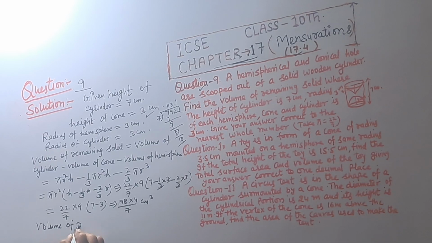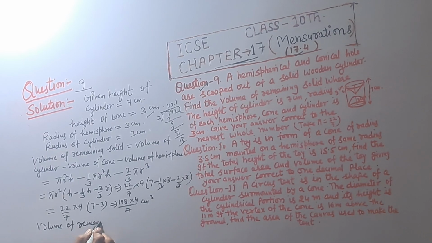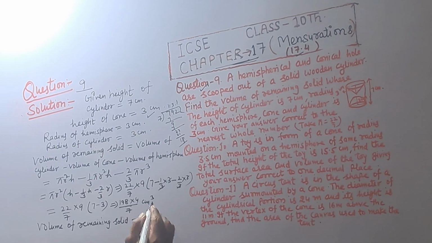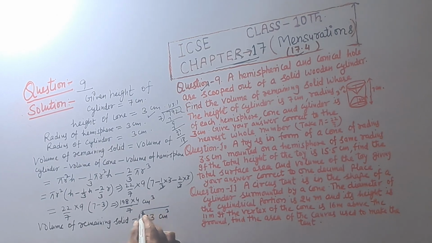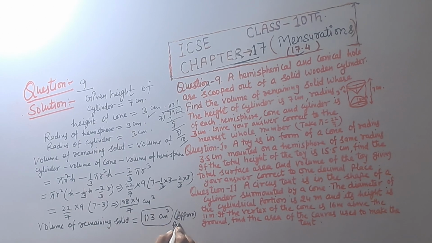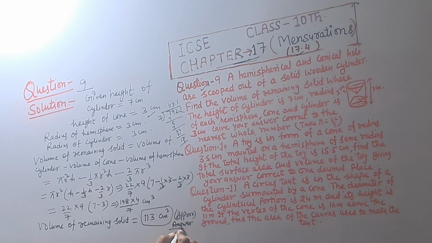Volume of remaining solid is equal to 113.1, that is approximately 113 centimeter cube. Answer.